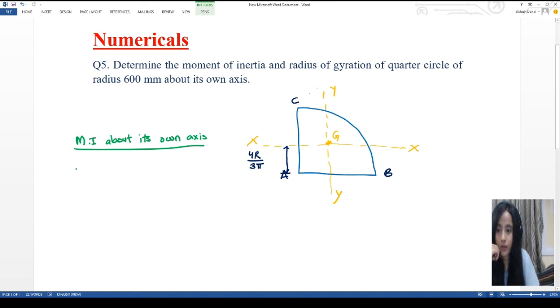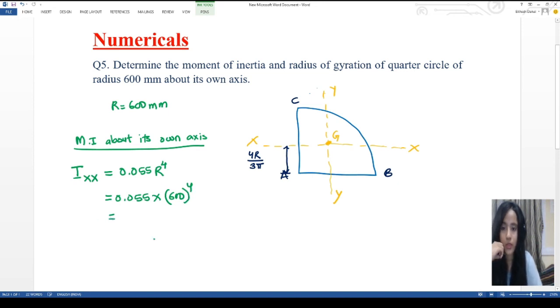So if I find moment of inertia about x-axis, it will be equal to 0.055 r raised to power 4. The radius given here is 600 mm. It is already given in the question. So it will be equal to 0.055 into 600 raised to power 4.